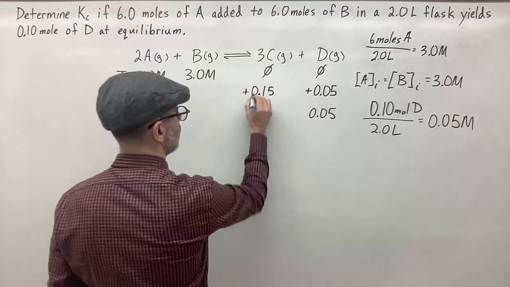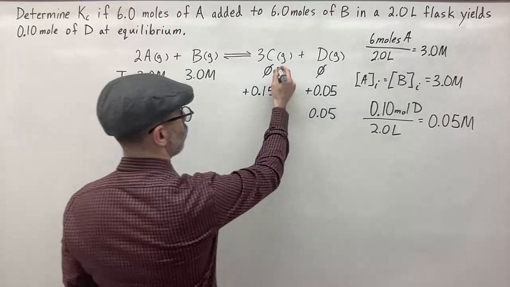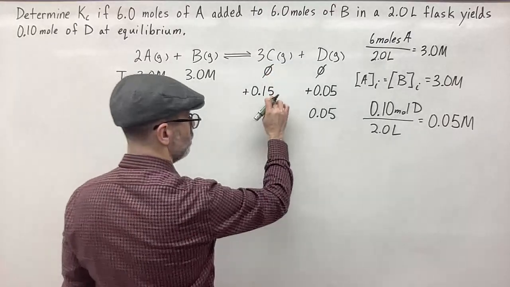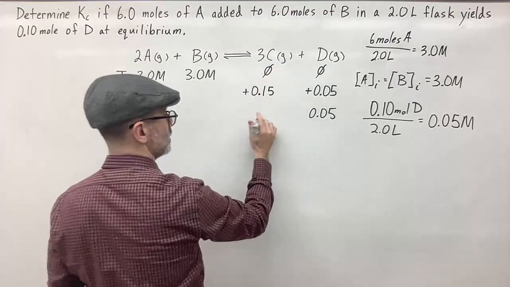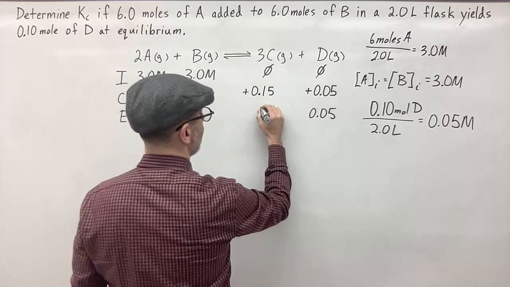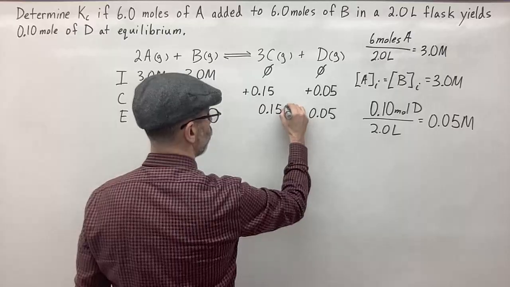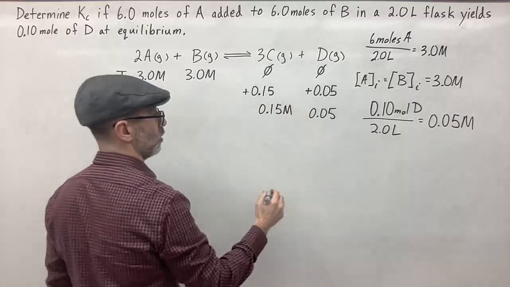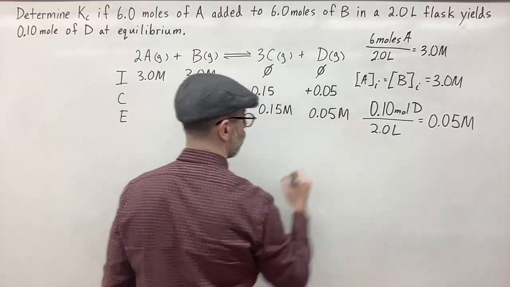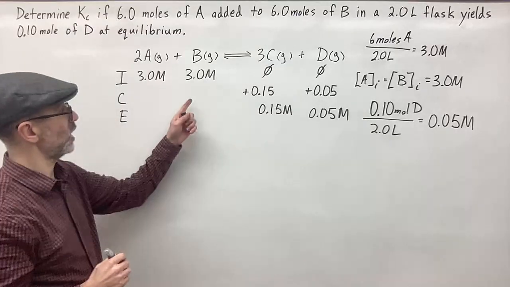So I'm gaining 0.15. Adding that to 0 to start with, I end up with 0.15 molar here at equilibrium. And again, this is molar.